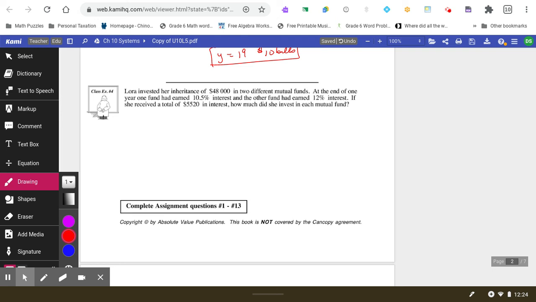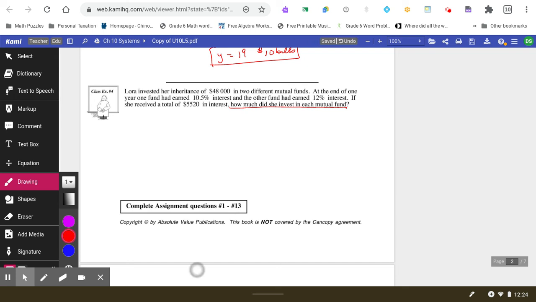Laura invested her inheritance of $48,000 into 2 different mutual funds. At the end of 1 year, she had earned 10.5% interest on one fund, and the other fund had earned 12% interest. If she received a total of $5,520 in interest, how much did she get in each fund? So sometimes the question helps to determine your variables. How much did she put in each fund?